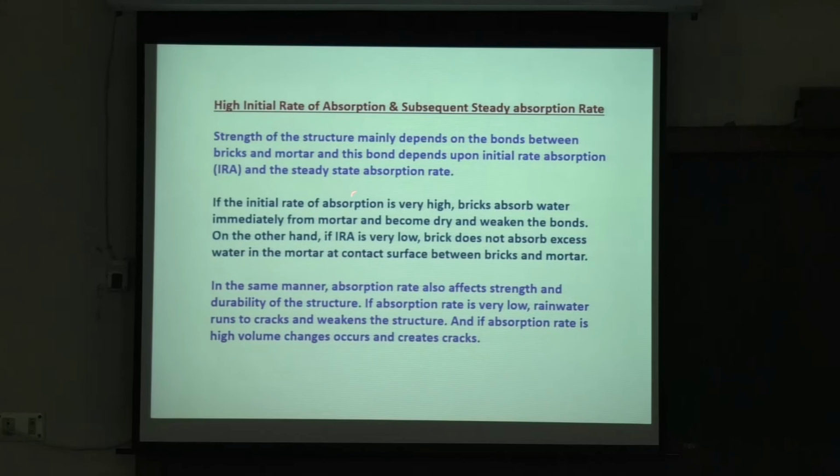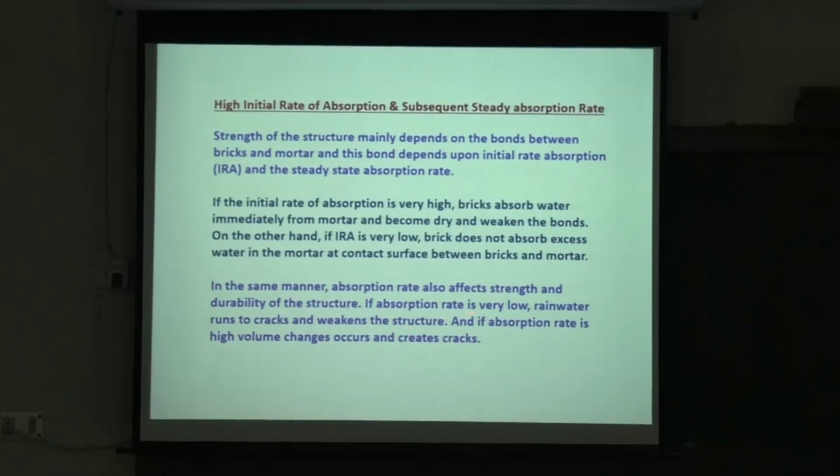If the initial rate of absorption is very high, bricks absorb water immediately from mortar and become dry and weaken their bonds. On the other hand, if the initial rate of absorption is very low, bricks don't absorb excess moisture in the mortar, between the bricks. In the same manner, absorption rate also affects strength and durability of the structure.